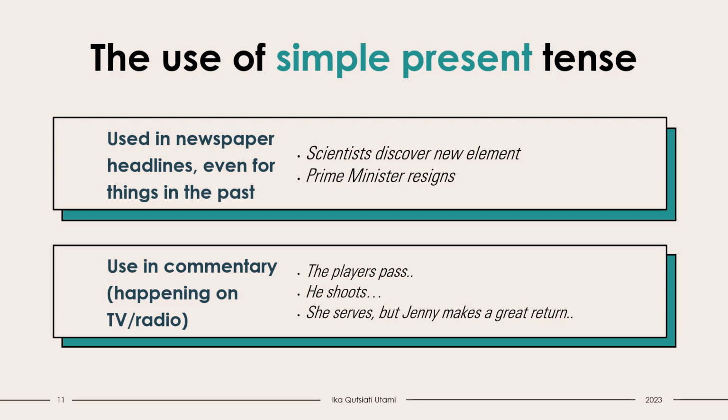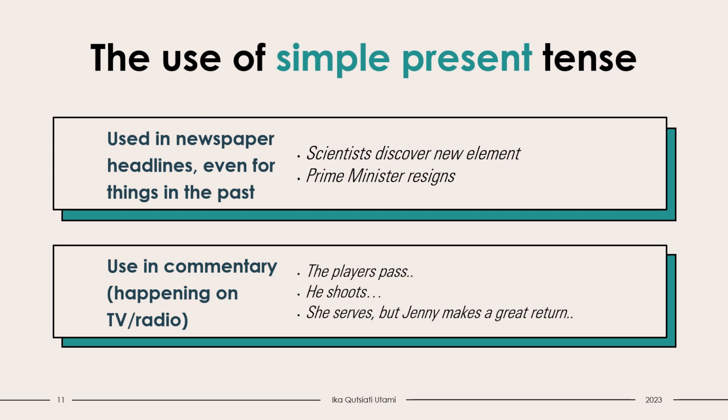And for the next, we also use the present simple in commentary. What is commentary? Commentary means describing something as it's happening, usually on TV or on the radio. For example, sport matches have commentators who describe the match to listeners or viewers.